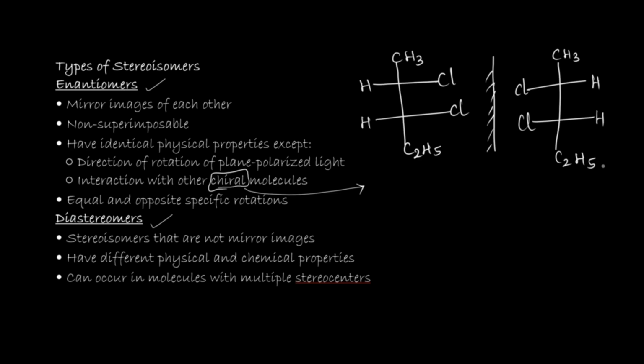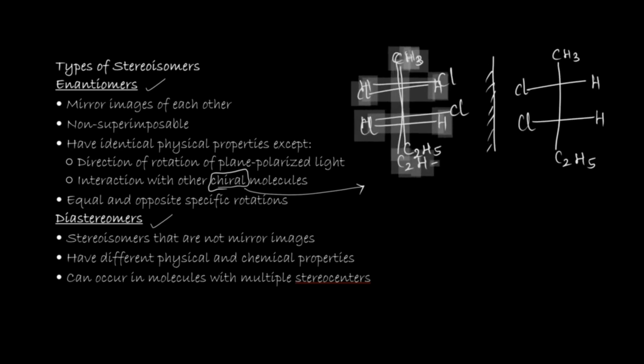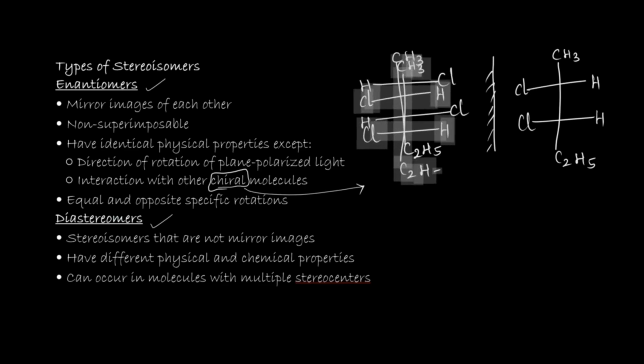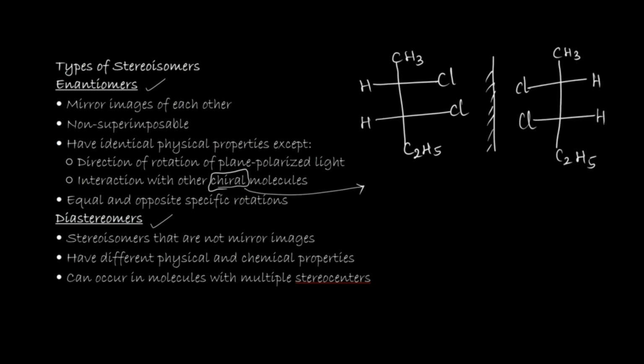These are mirror images, but is it superimposable or non-superimposable? If I take this molecule and try to match it with the original one, is that matching? No. Cl and hydrogen are in different positions, right? So it is non-superimposable. Okay, so these two are enantiomers. It can be D and L.